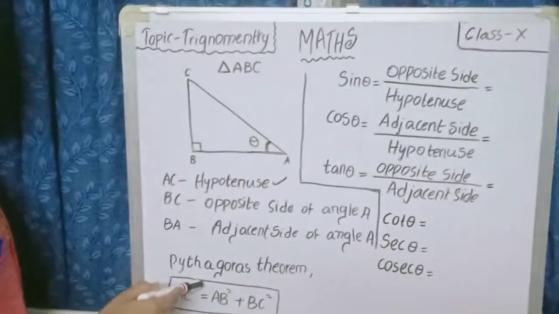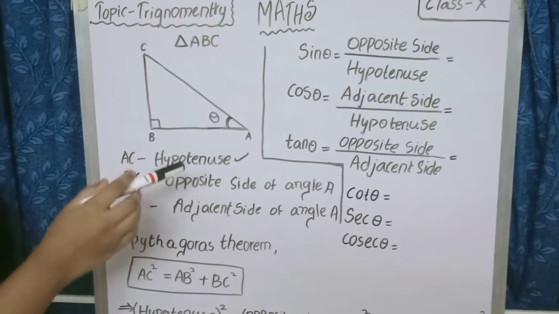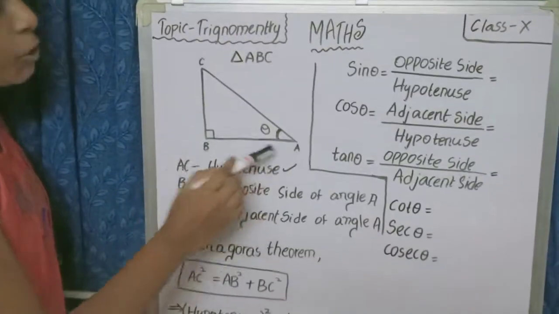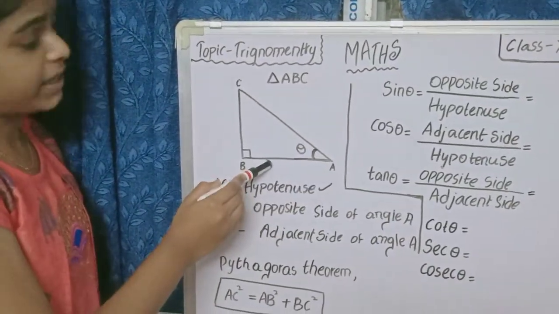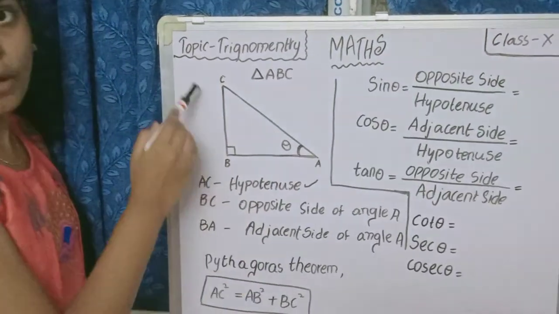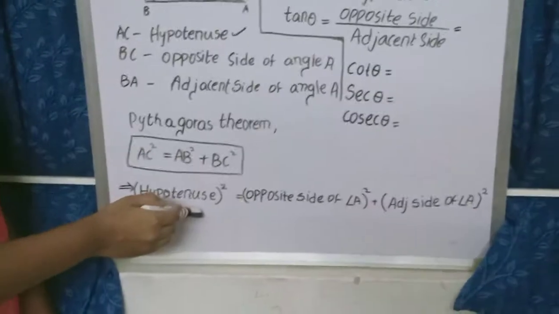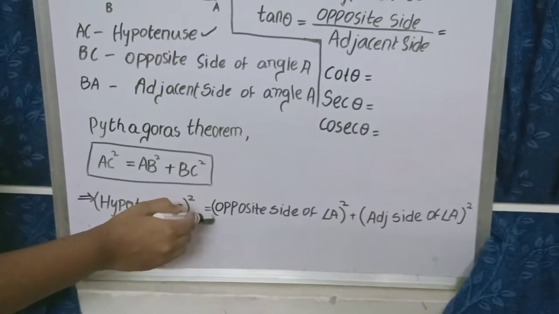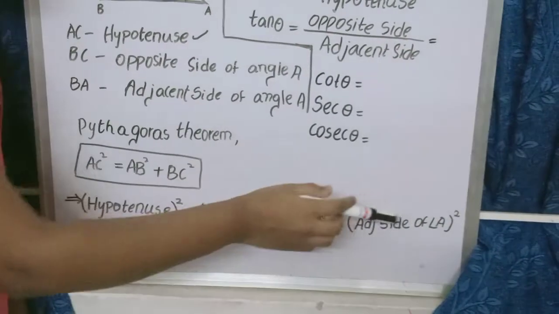So AC square is equal to the sum of squares of the other two sides, BC and AB. That is, AB square, the adjacent side square, plus BC square, the opposite side square. In words, hypotenuse square is equal to opposite square plus adjacent side square.